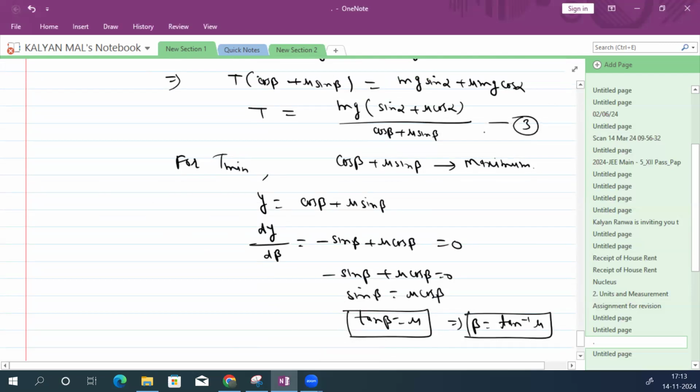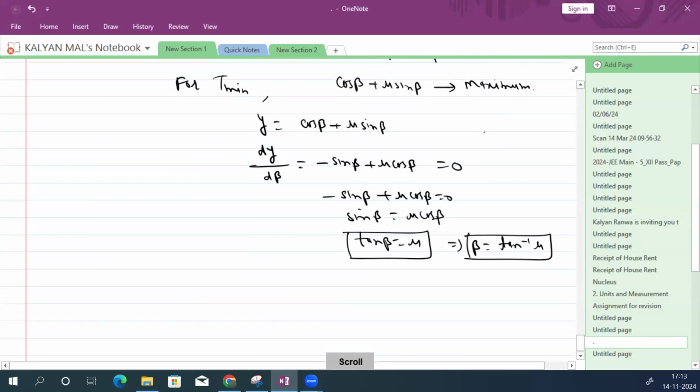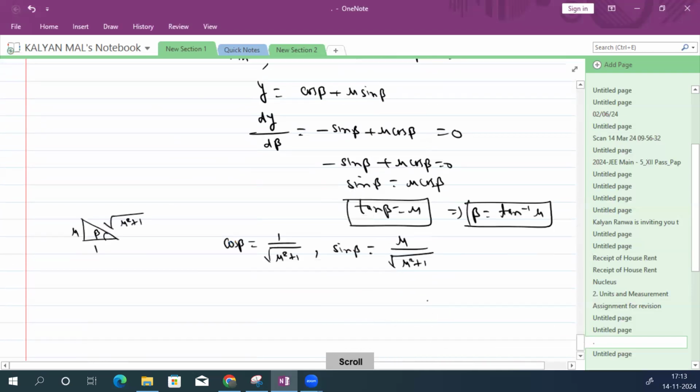So tan beta is equal to mu, then cos beta comes out to be, we will consider a triangle with angle beta, perpendicular mu, base 1, hypotenuse root over mu square plus 1. So cos beta is base upon hypotenuse, 1 over root of mu square plus 1, and sin beta is mu over root of mu square plus 1. Now substitute this value in equation number 3.